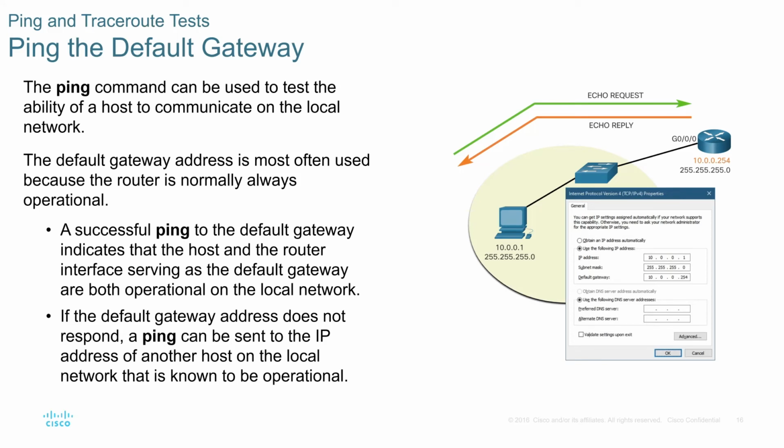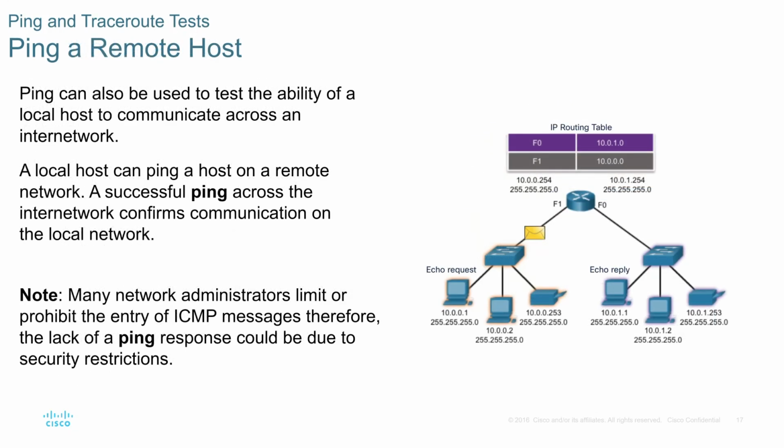If the default gateway address does not respond, a ping can be sent to the IP address of another host on the local network that is known to be operational. Pinging a remote host would tell us that we can get from our network to another network.